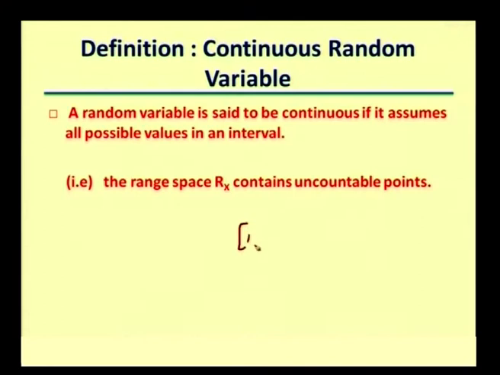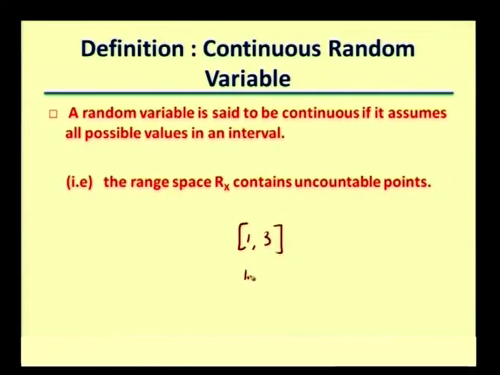We have discussed the discrete nature of a random variable, where it can be infinite but it should be countable. What happens to a number which takes values in an interval? For example, consider the interval [1, 3]. Intuitively you might say the numbers are 1, 2, 3, isn't it? It is not like that. There are uncountable values in the interval 1 to 3.